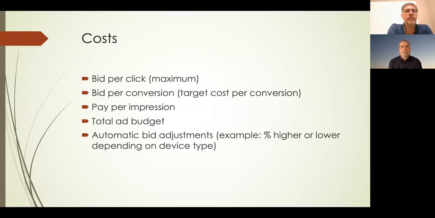You can pay per conversion. And we'll talk a little bit about conversions here as we approach the end of the webinar. An example of a conversion would be someone gets to your site or to uniquevenues.com, submits the request for an RFP.